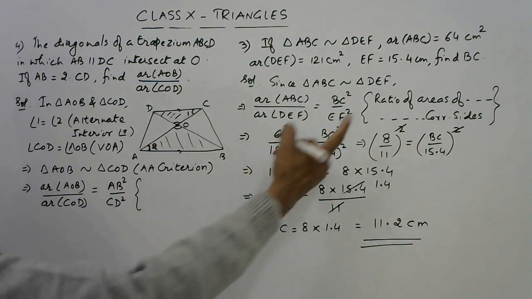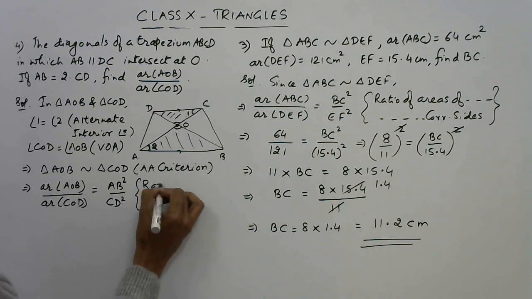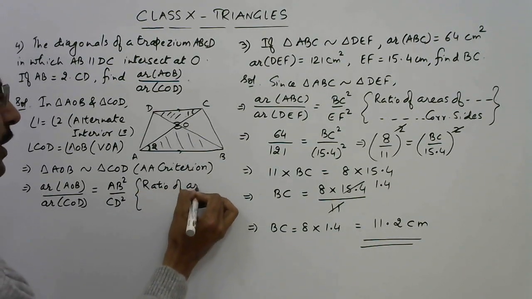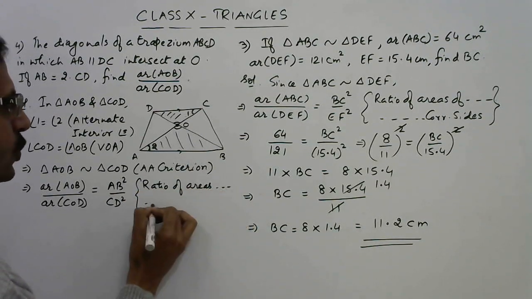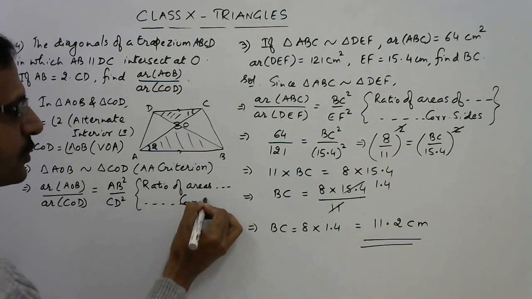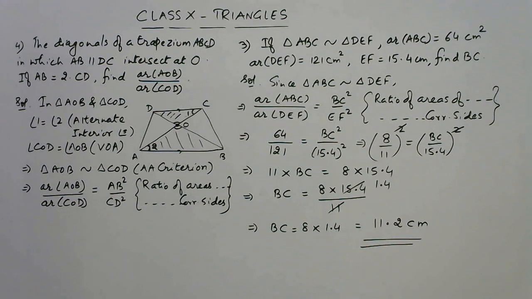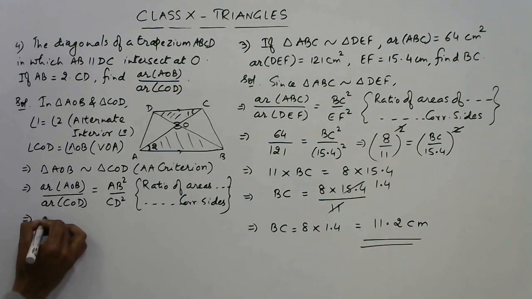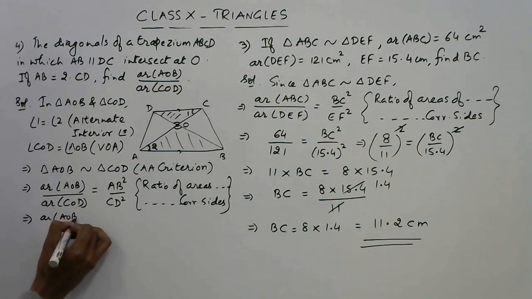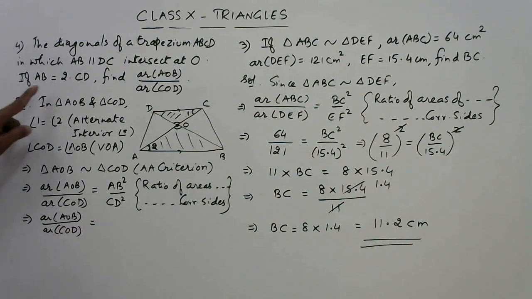Again, you need to mention the same reason: ratio of areas of two similar triangles is equal to ratio of squares of their corresponding sides. And now the answer is not far away. This area of AOB upon area of COD will be equal to, now see what is given.